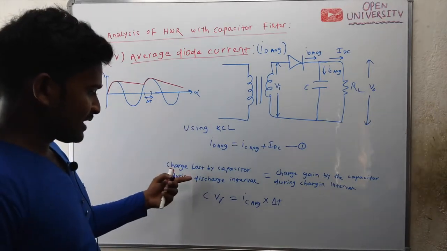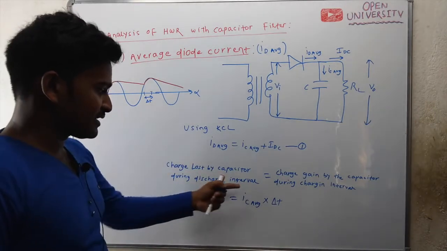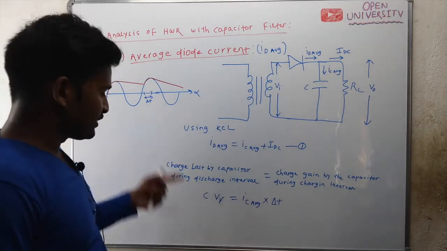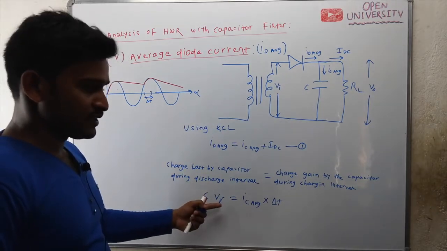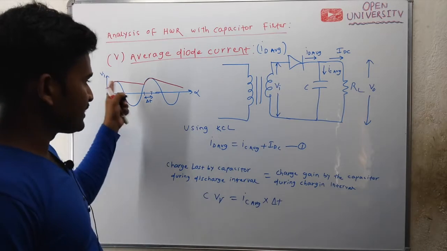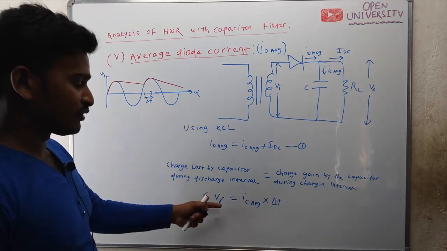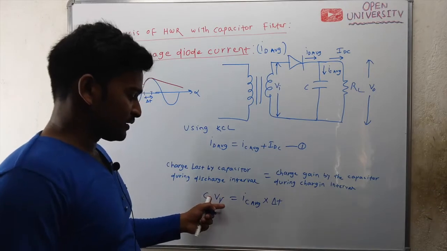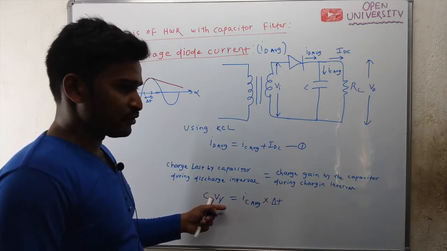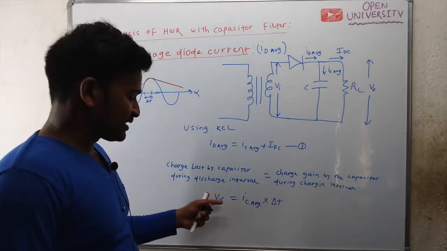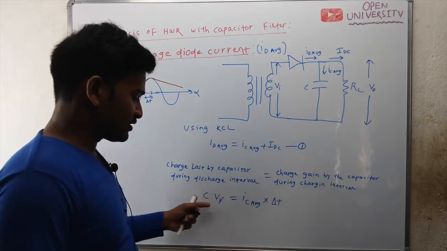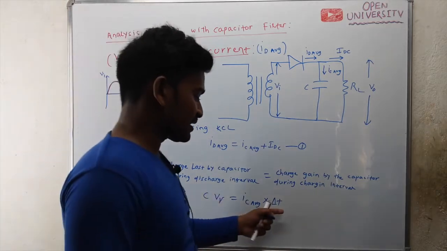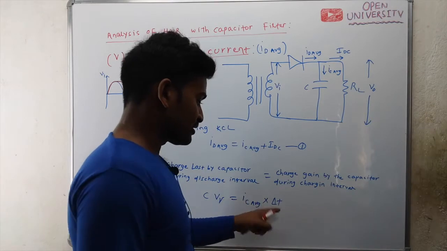How to get charge lost by the capacitor during the discharge interval? Q equal to C into V, where V is the amount of voltage decreased by the capacitor during the discharge interval. So the charge lost is C into VR, and this is the amount of charge gained by the capacitor during the charging interval.